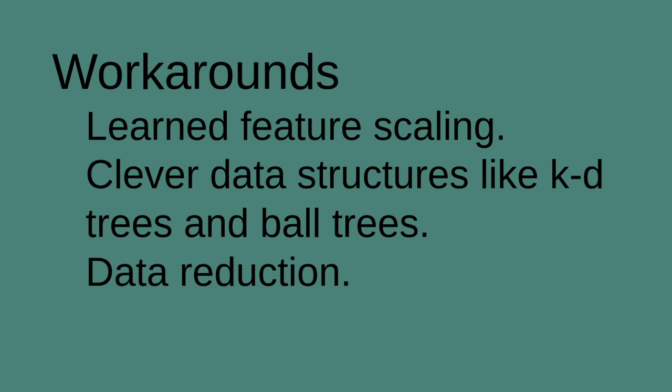Also, there's this really clever thing called data reduction. If I have 10,000 edible mushrooms, but let's say that 500 of them are nearly identical, I can throw most of them out and just keep one good exemplar, one good prototype that shows what I'm looking for there.